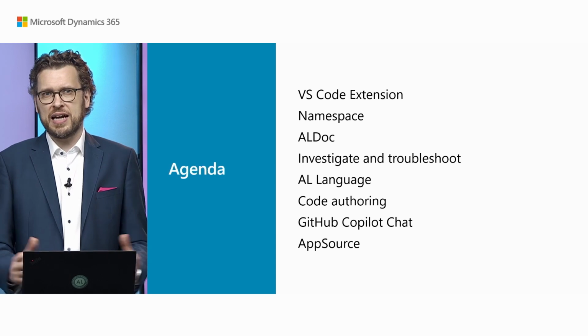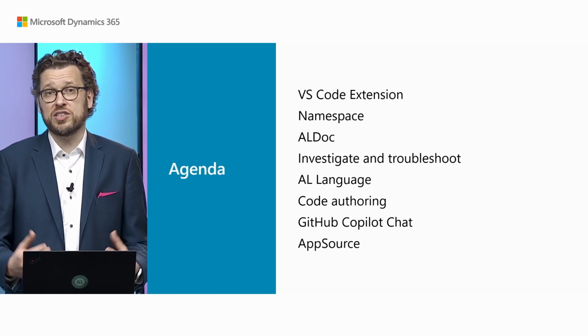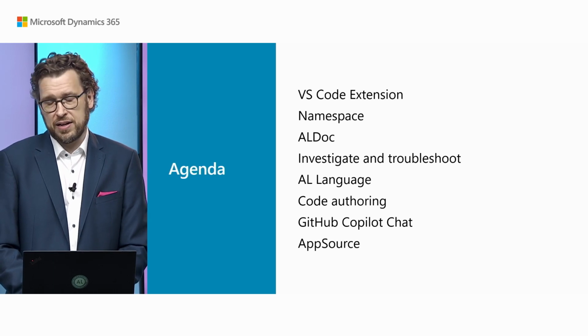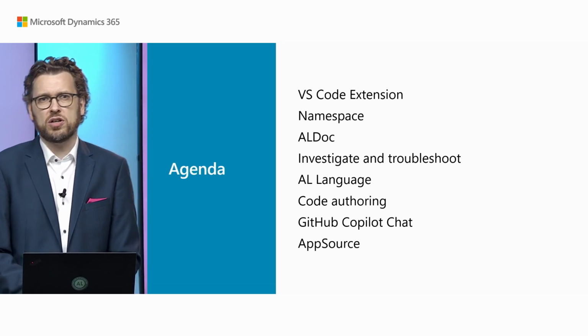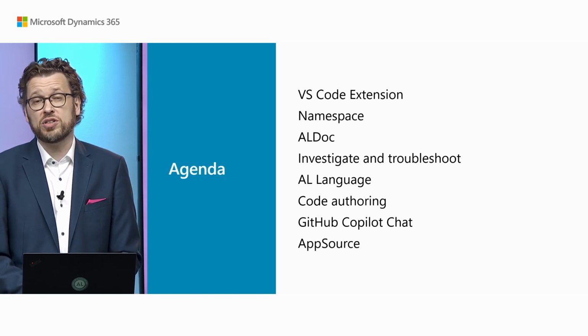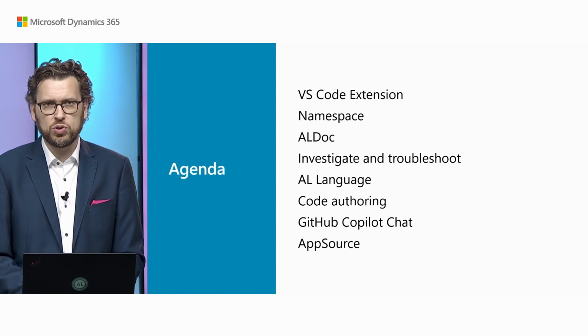We'll have Steffen start out talking about some of the investments we've done with the VS Code extension itself and related scenarios. Esben will come and talk about the introduction of namespaces, which is a huge thing. And he'll continue talking about tools for documenting apps.